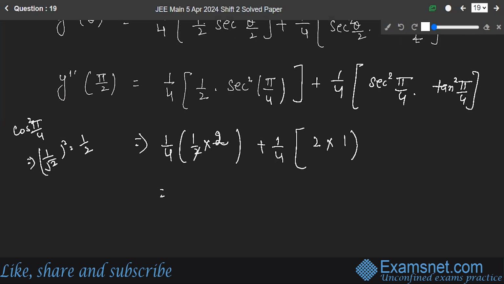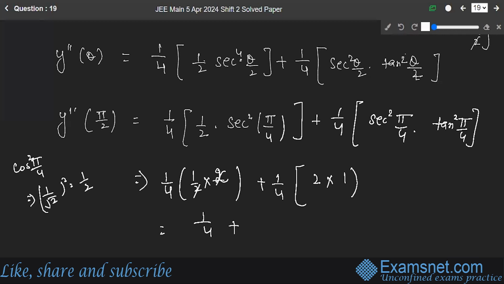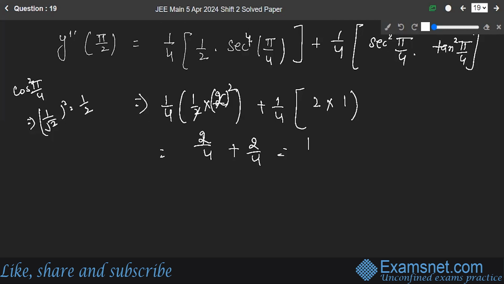This is equal to 1 by 4 plus, here it was power 4, so it will be 2 square. So this will be 2 by 4. Okay, so 2 by 4 plus 2 by 4, this will be 1. That means I got y dash for pi by 2 is equal to 1.